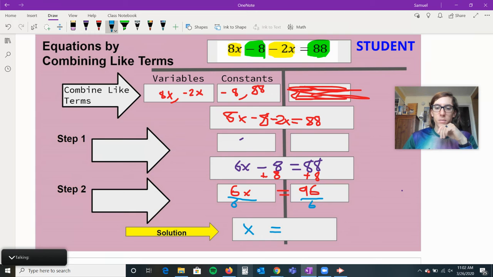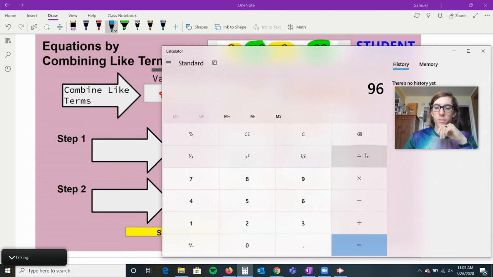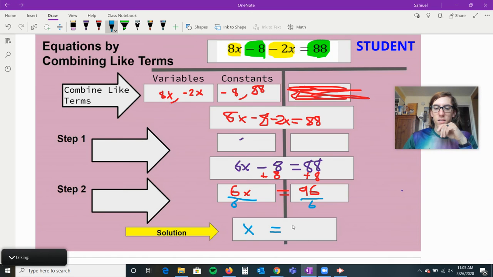And I want to double check myself, so I can always, no shame in double checking, maybe 16. So we say, all right, 16, that is my solution. And I can always plug it back into the original problem to see if I got it right.